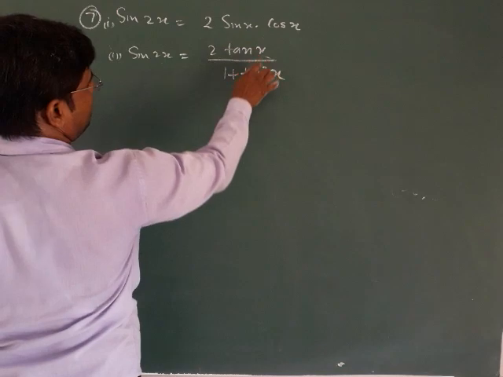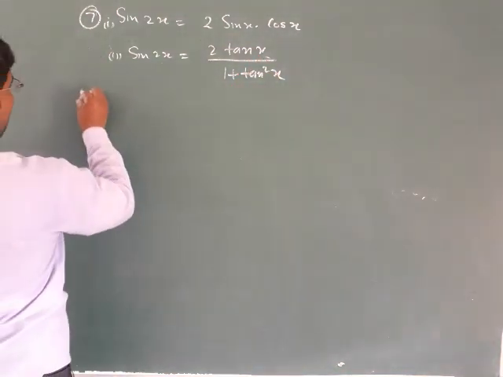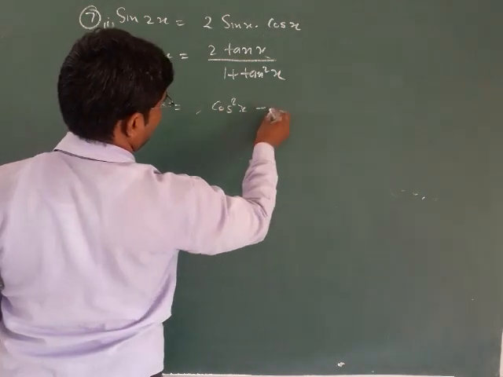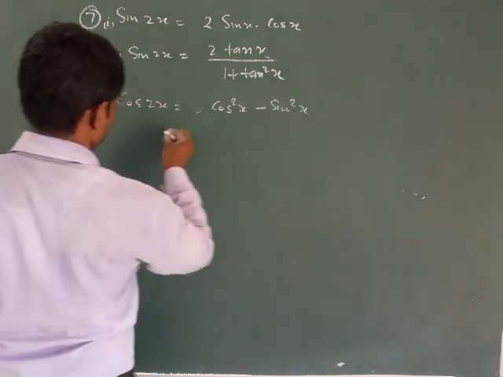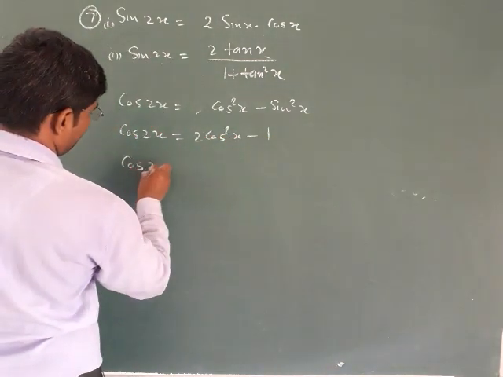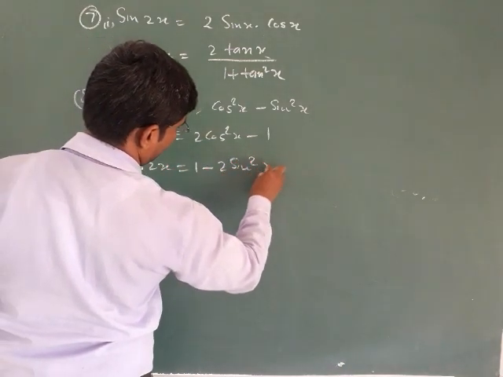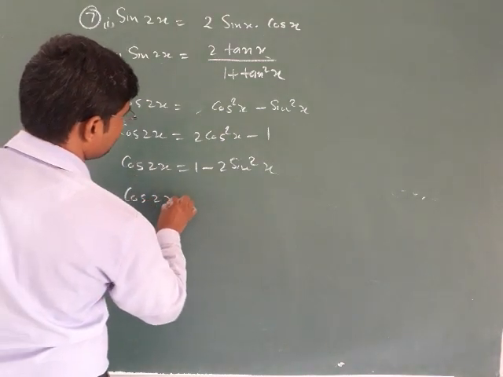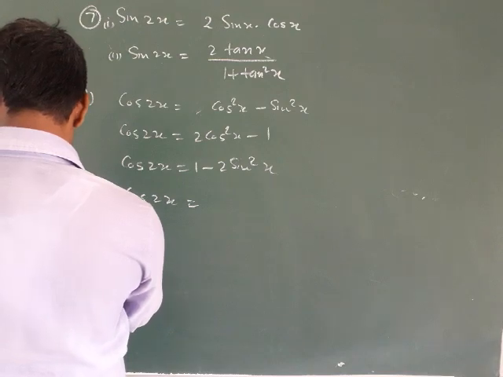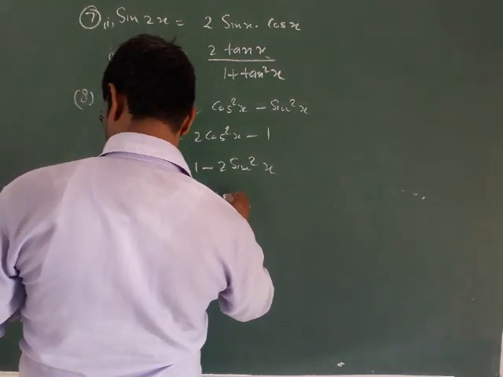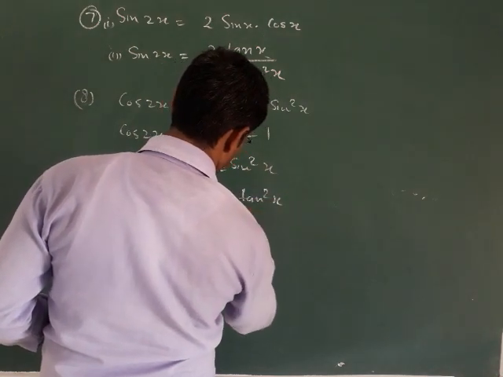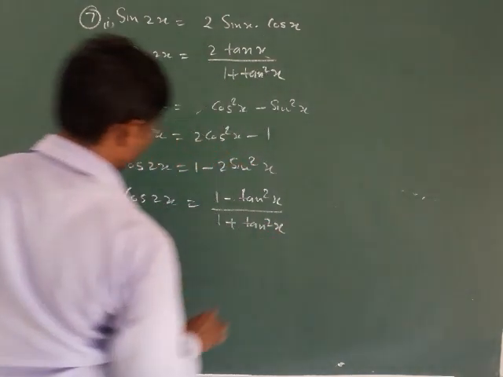And cos 2x is equal to cos square x minus sin square x, and also cos 2x is equal to 2 cos square x minus 1, and cos 2x is equal to 1 minus 2 sin square x, and cos 2x is equal to 1 minus tan square x upon 1 plus tan square x.